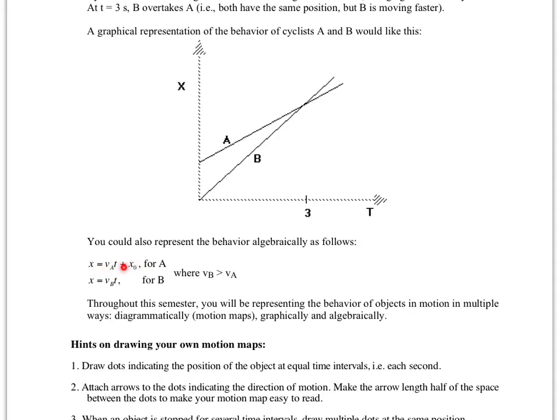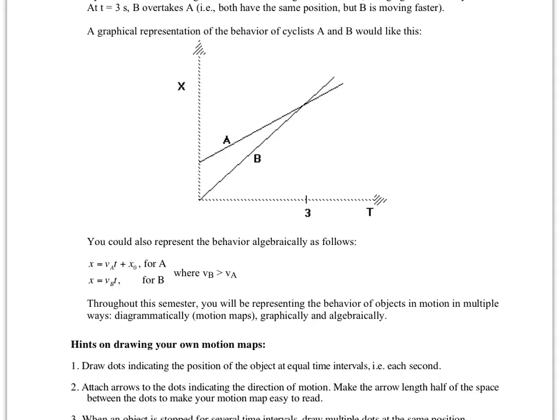Now, A has an x naught, or y-intercept, because it's not starting at the origin, and you can see the intercept here. B has no y-intercept, and so it's starting at the origin, and that's why it doesn't have a plus x naught in its equation. But you can still see it's x equals vB times t.